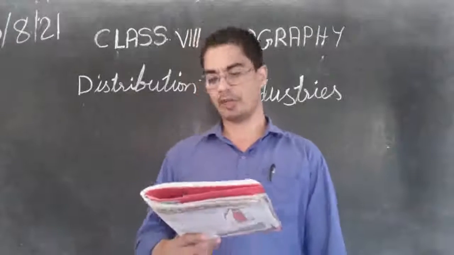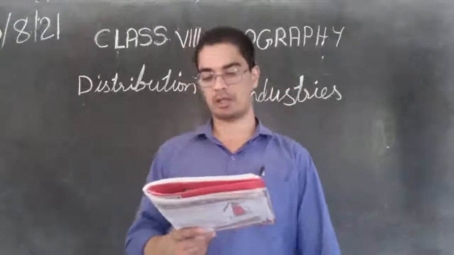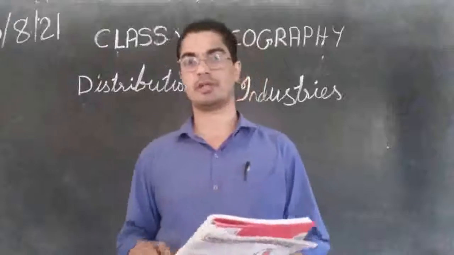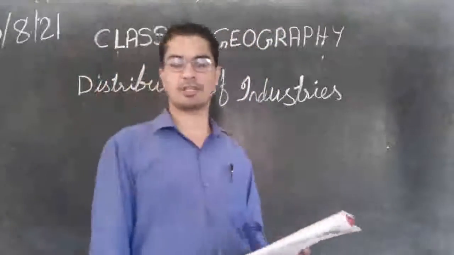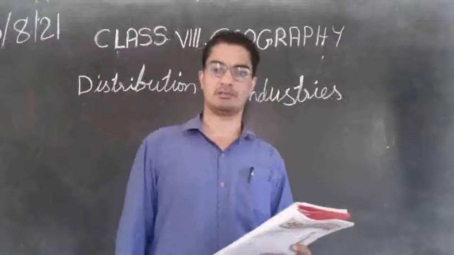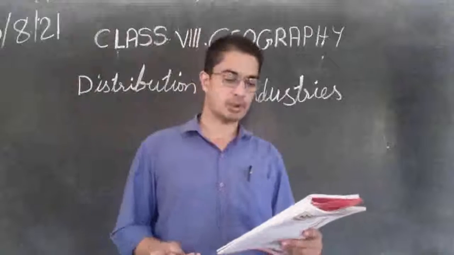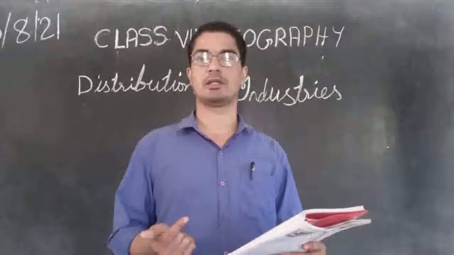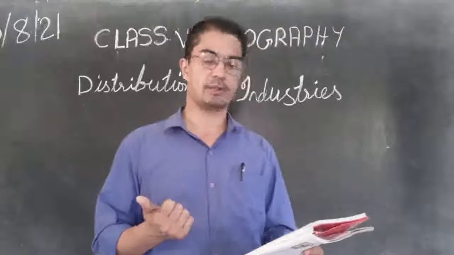The countries in which the iron and steel industry is located are Germany. So let us see which are the countries where this iron and steel industry is very famous or located. So first of all, it is there in Germany, USA, China, Japan, and Russia.